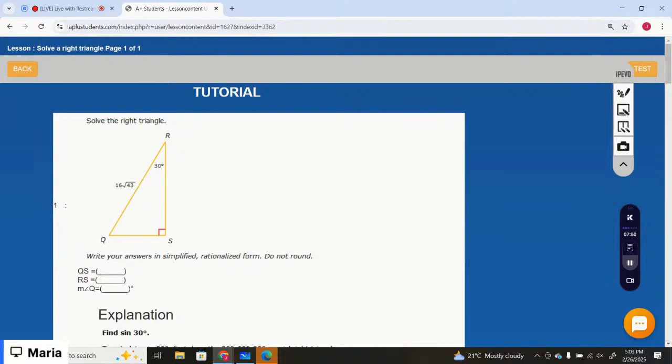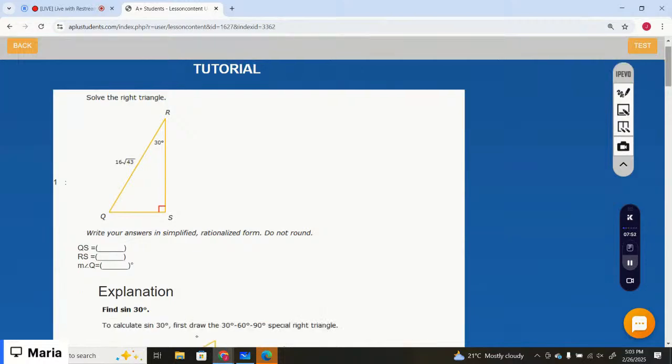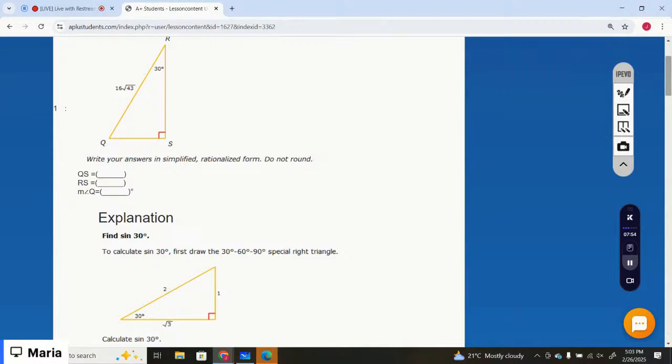Solve the right triangle. So you are given that it is a 90, 60 and 30 triangle. You are given one of the sides and two of the angles. So you need to calculate sine 30.